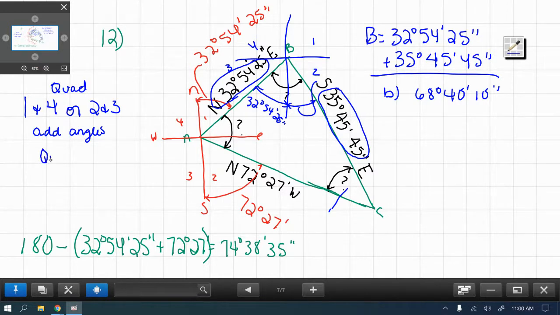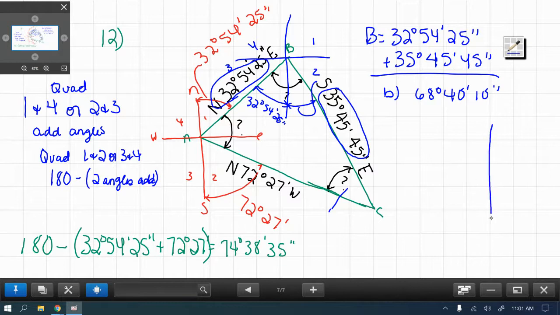If they would have been in quadrant 1 and 2, or 3 and 4, you would take 180 minus the two angles added together, which is what we did for A. Last one, they're both in the same quadrant.